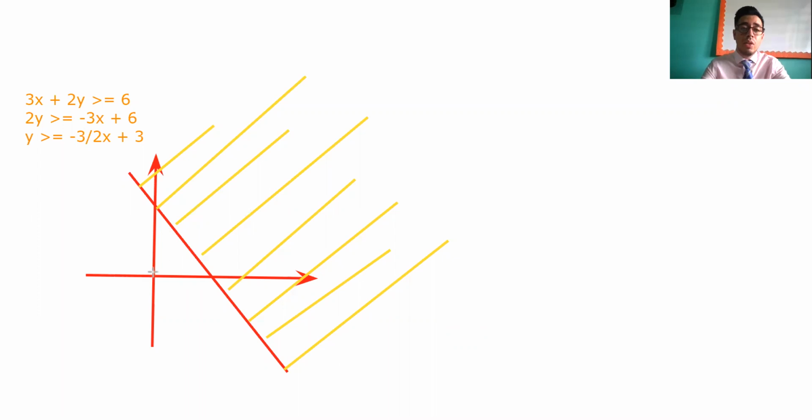If the graph includes 0, 0, I need to take the part below too. But in this case, you can see that we don't include it. We are taking only the part that has greater than or equal to, okay? So the values greater. In this case, this is all for the second example.